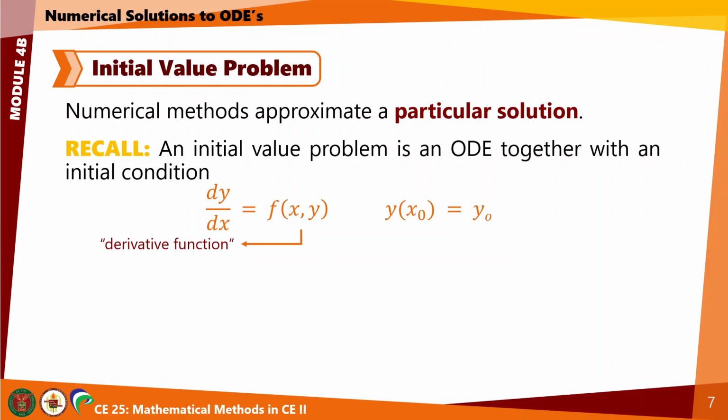Again, if you remember, for the initial value problem or IVP, what is given to us is the ODE itself that we will solve. In addition to that, we also have an initial condition, meaning a single point or a single condition in which we know both the x and the y coordinates.